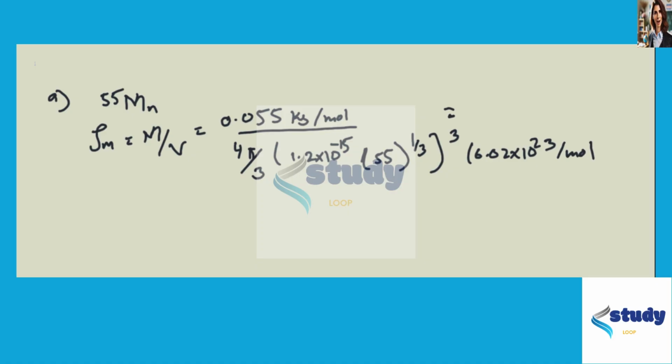This gives us the mass density of 2.3 times 10 to the power 17 kg per meter cubed.